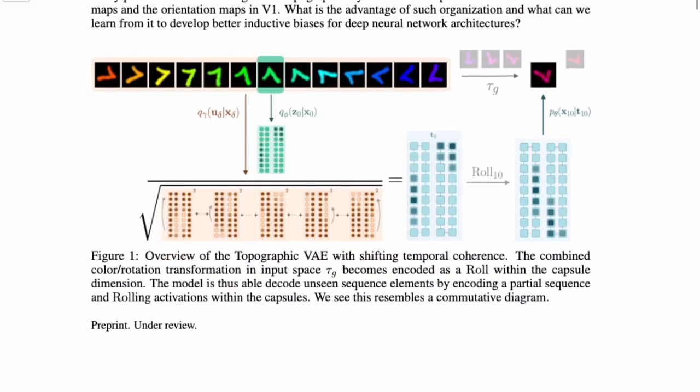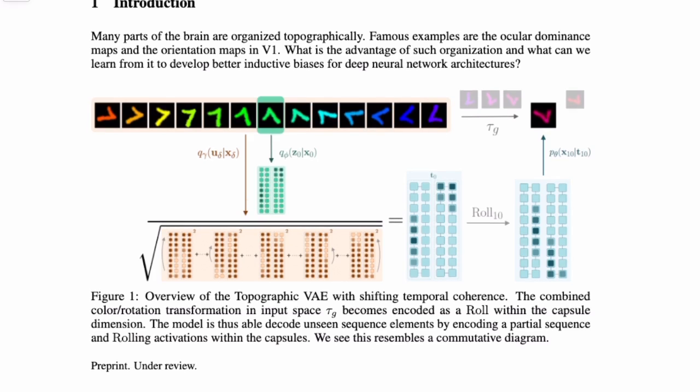This is the first graphic right here that shows an overview of the system. So what do they want to achieve? They want to build a generative model, like a variational autoencoder, but we're not going to consider any kind of data. We're going to consider data, essentially frames of a video.